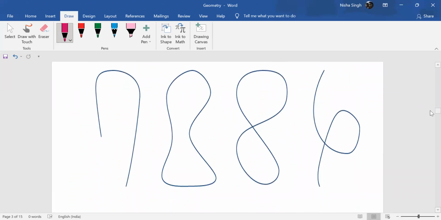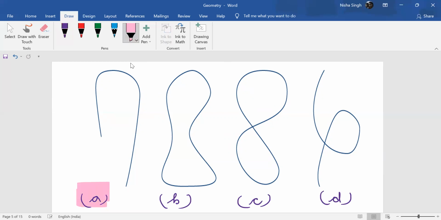Okay, now there is one activity. So you can see A curve, B, C, D. Okay, I have given names to them. Children, you will identify which one is a closed curve. First, you will identify open curves and closed curves.